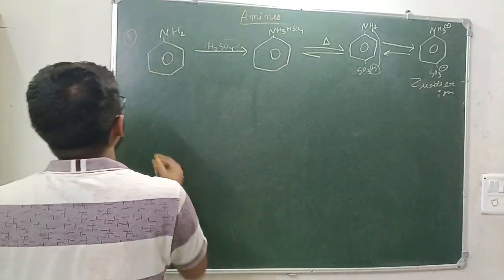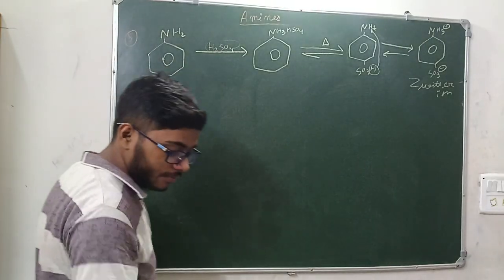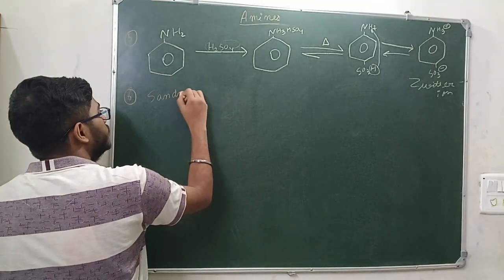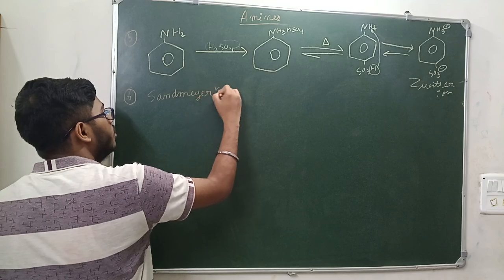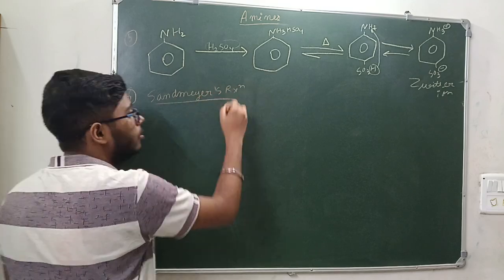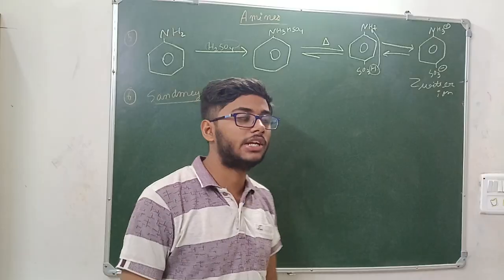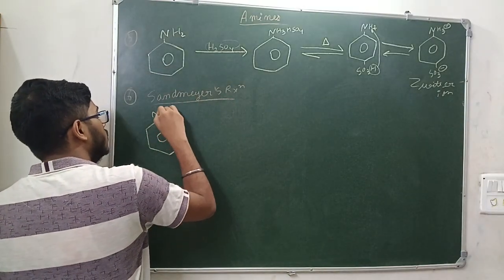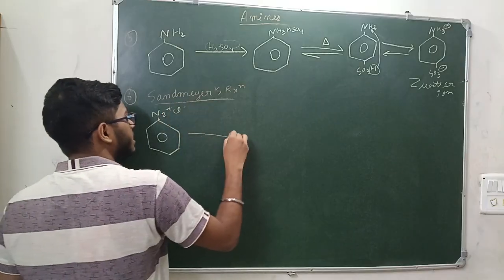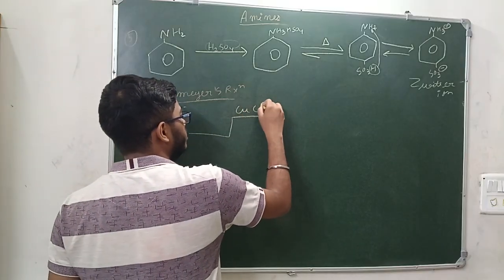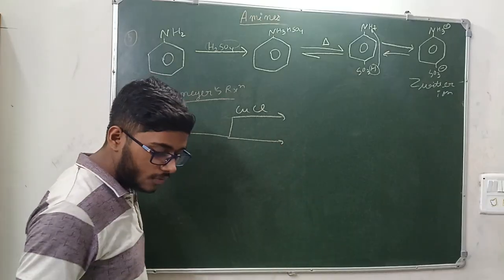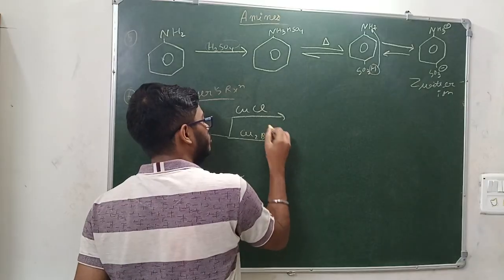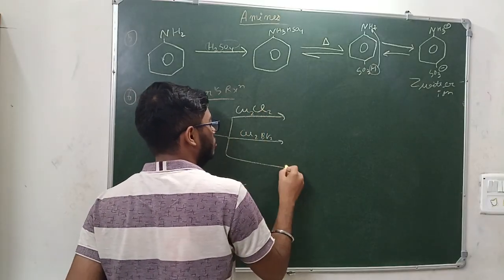Okay, now moving on to the sixth reaction. It is Sandmeyer's reaction. I have taught you about this reaction in my second video of alcohol phenol ether, Sandmeyer's reaction. Diazonium salt is generally made, N2 plus Cl minus, and you can react this with CuCl, CuCl2, CuBr2, Cu2Br2, Cu2Cl2, but not Cu2I2.